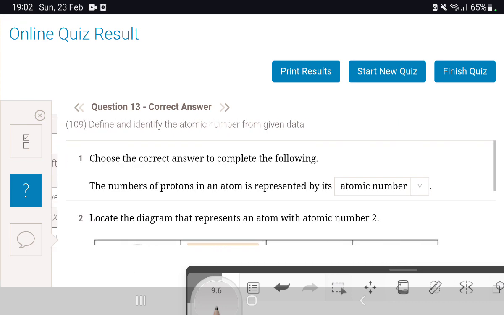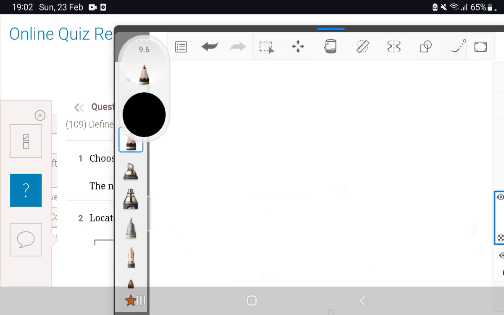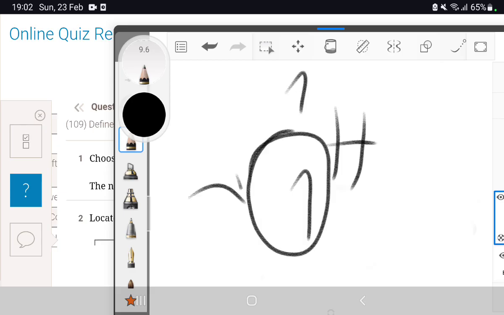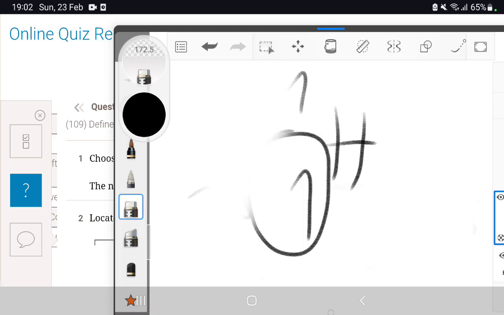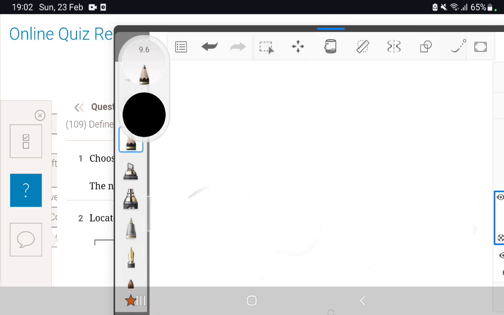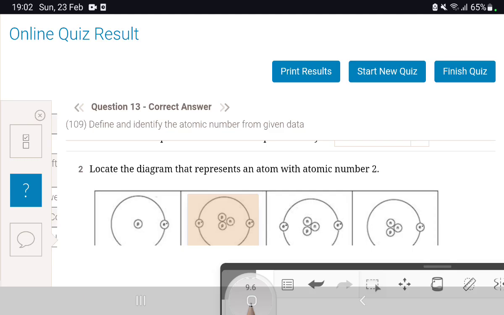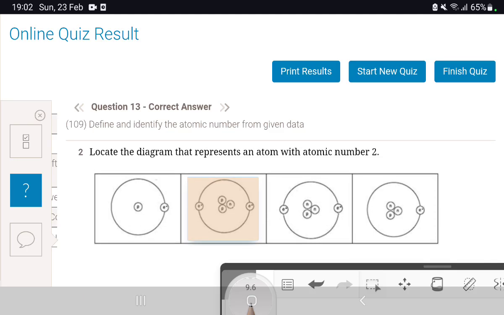The number of protons in an atom is represented by its atomic number. Like let's say here we have hydrogen, it's here. Locate the diagram that represents an atom with an atomic number 2. So as I said, an atom or ion, whatever, with an atomic number of 2 has only 2 protons.